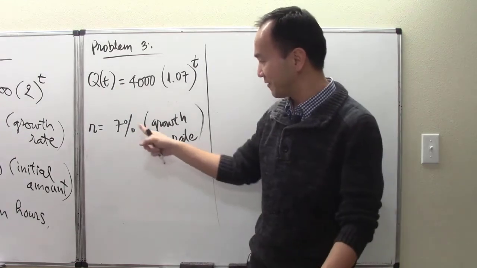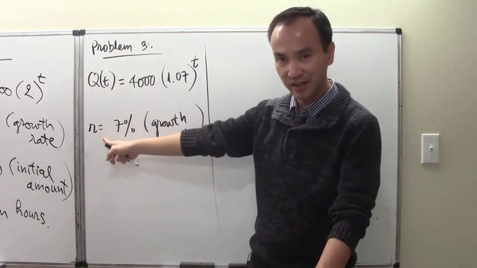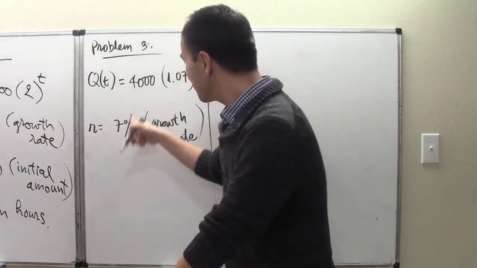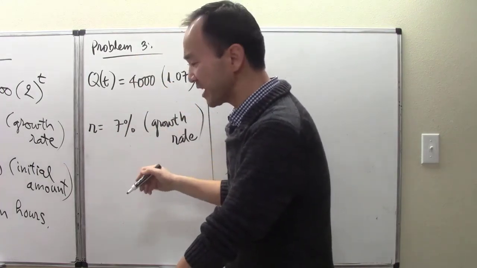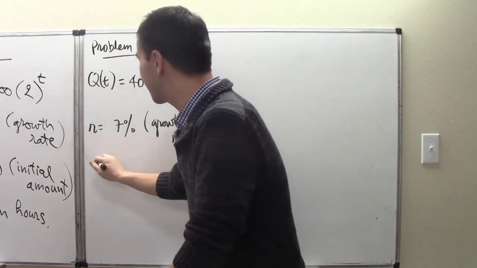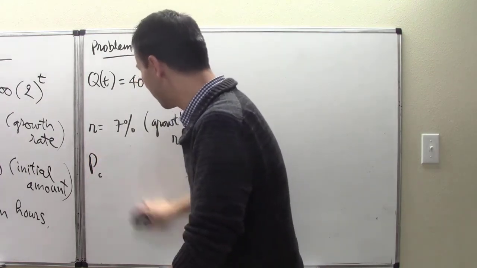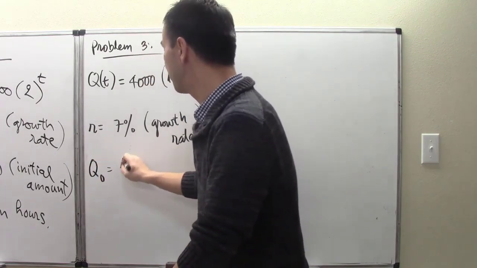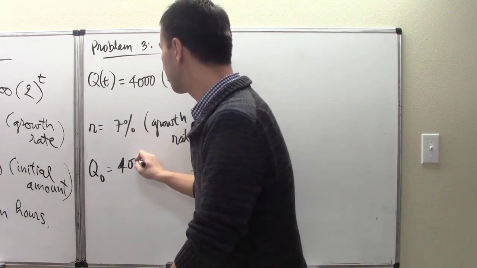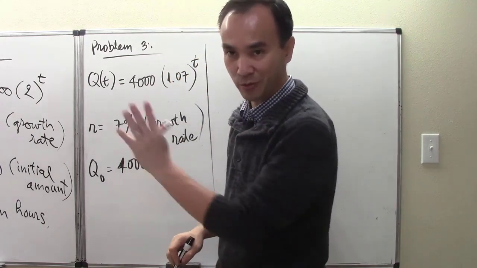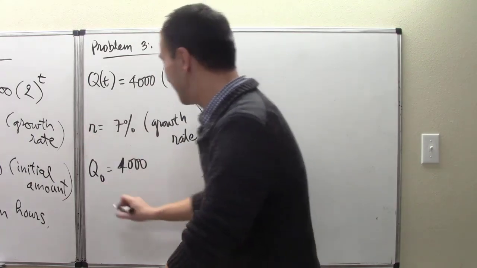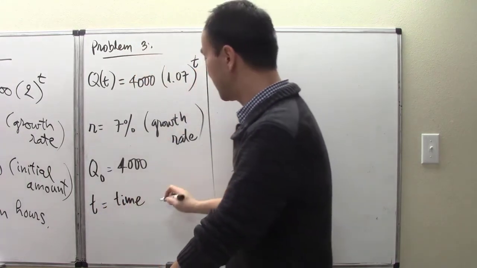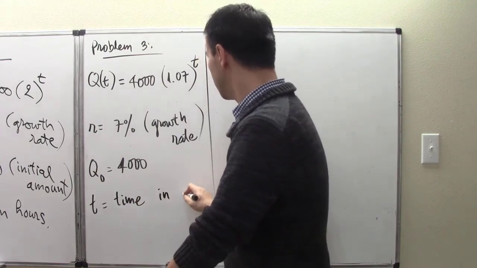But now we can assign that rate a letter R, as a variable as well. So the growth rate for problem 3 was 7%, and the initial quantity, Q sub 0, in this case was 4,000. We got $4,000 that we brought into the bank at that initial moment, and yes, the t variable here is time, and that was time in years again.